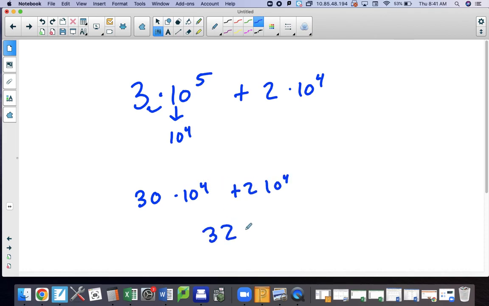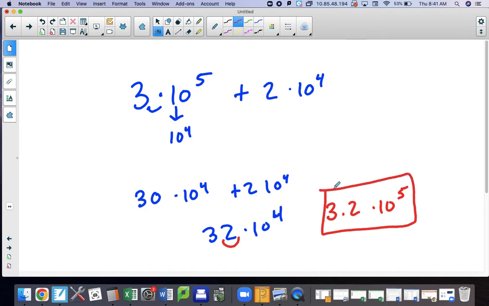We get 32 times 10 to the fourth. But that's not scientific notation. We will grab that decimal, we move it back, and you notice that the power that we ended with was the larger power to begin with. So that's why it's always better to use the bigger power. It saves you that one little bit of simplification at the end. And that's it.